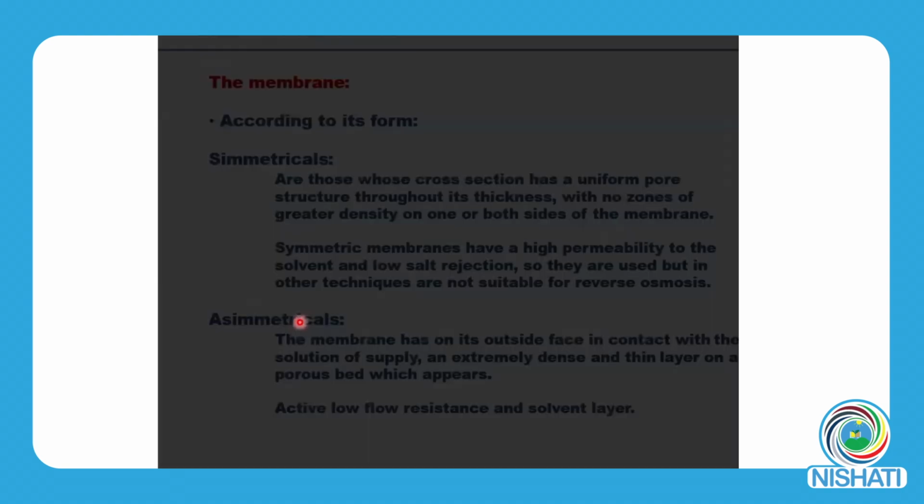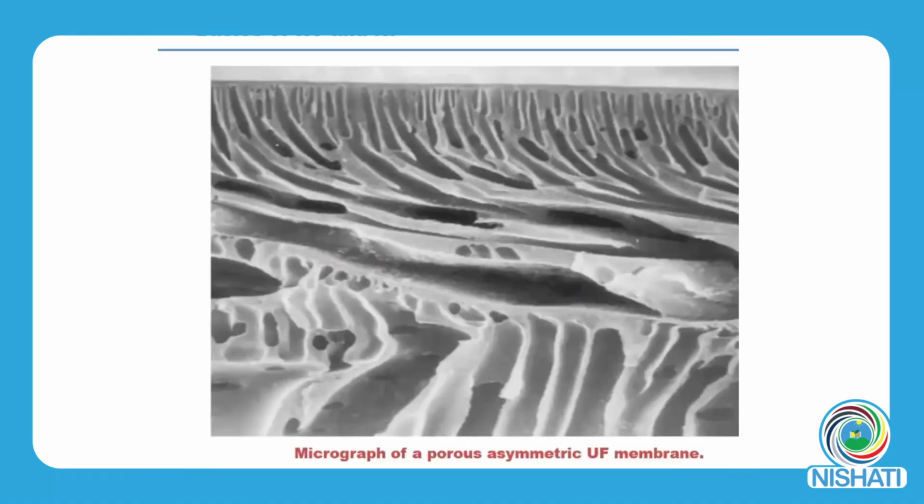This is an example. In this case, you can see a micrograph of a porous asymmetric ultrafiltration membrane. You can see that if we cut in this plane, it has a different configuration from this. This is the skin of the membrane. This is the place where the components of the solution can be rejected. I mean, proteins and bacteria cannot pass through this part.